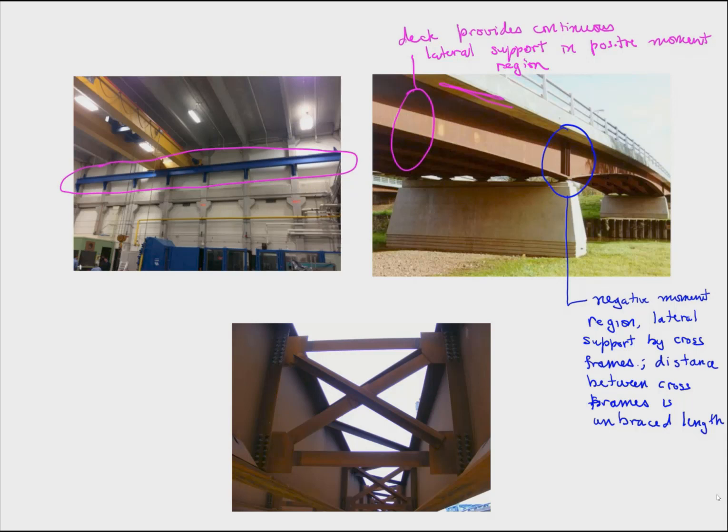Now, during construction, the deck hasn't cured yet, as seen in this figure. The deck hasn't been poured here, but even when the deck is poured, it hasn't cured yet. So even in the positive moment region, there isn't continuous lateral support, and lateral support is provided only by the cross frames.